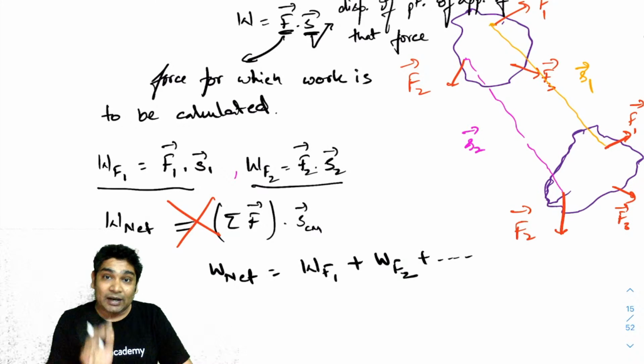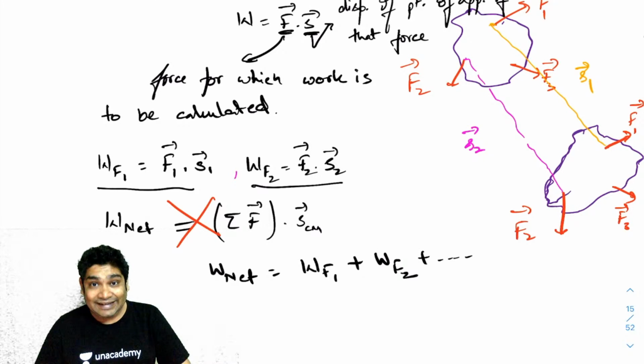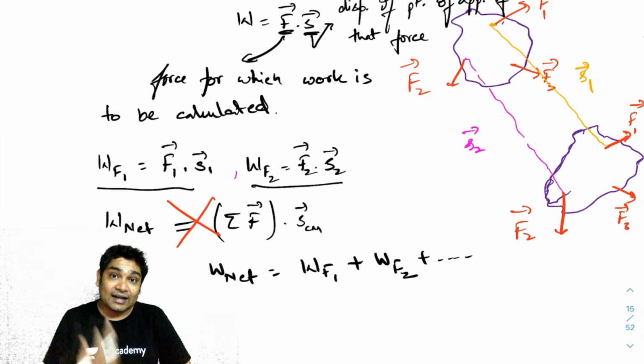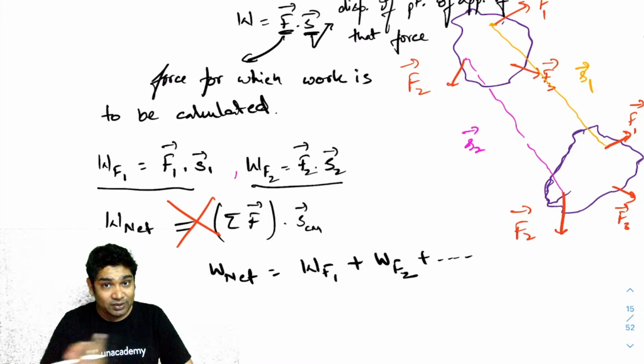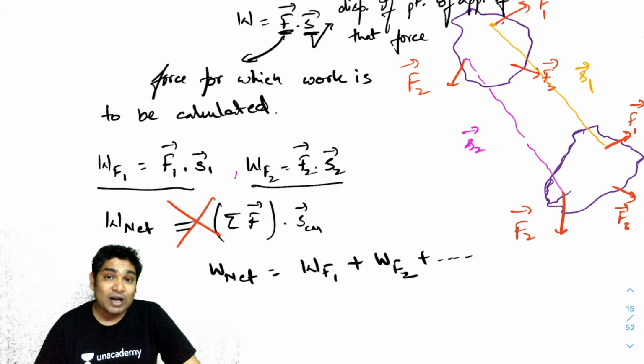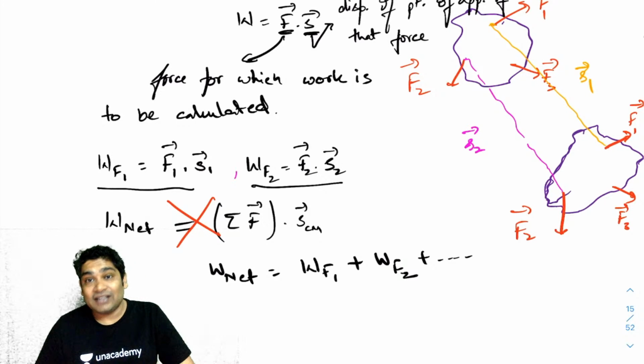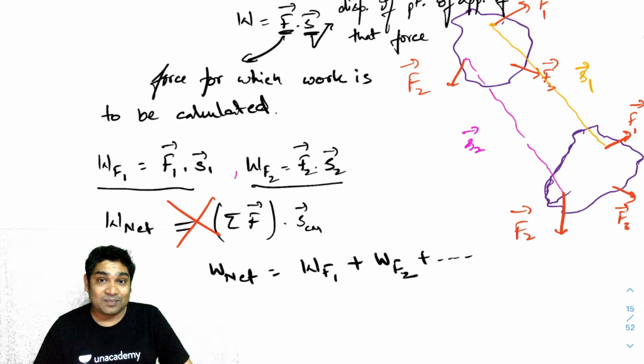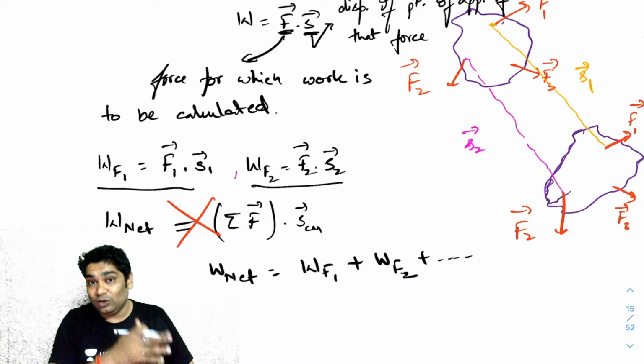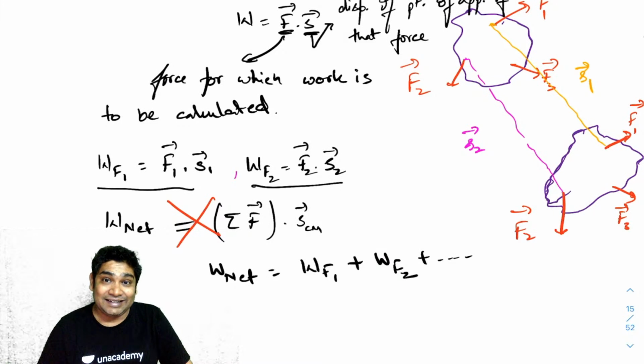In the case of a point mass on which all these forces were acting, the point mass will have a single displacement, or all the forces would act at a single point. So the displacement of the point of application of all the forces would have been the same. In that case, if you are calculating F1 dot S plus F2 dot S, you could have taken those F's common and applied summation F times displacement of that point mass.